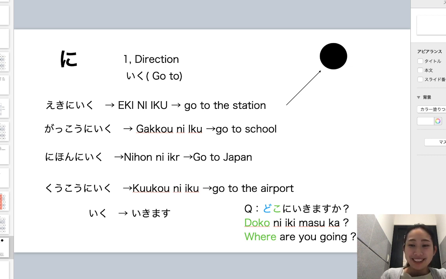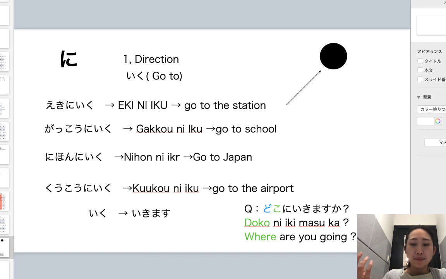If I divide it academically, it could be divided into more than five functions, but I want to say the second function is to show the target.